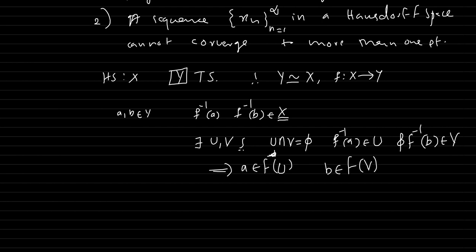Since f and f inverse are continuous and f is bijective, we can say that f of U and f of V are open in the topological space Y, and these open sets contain A and B respectively, and U intersection V equal to phi implies that f of U intersection f of V is equal to phi.